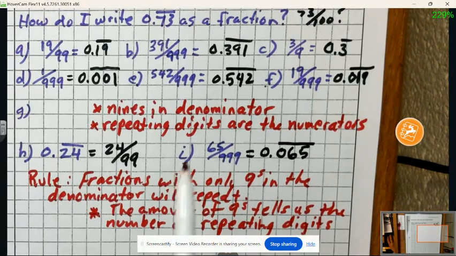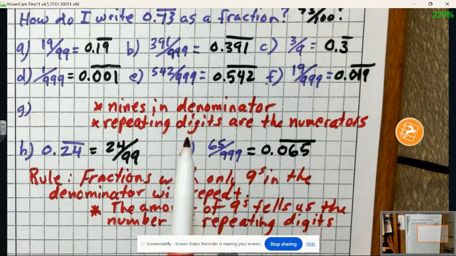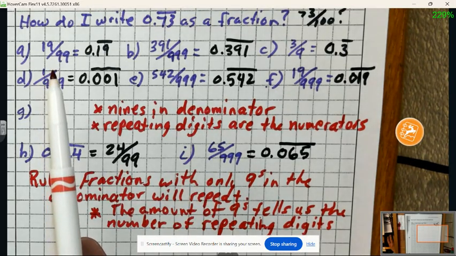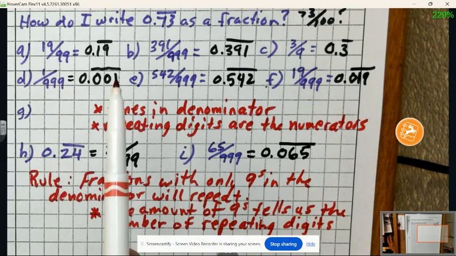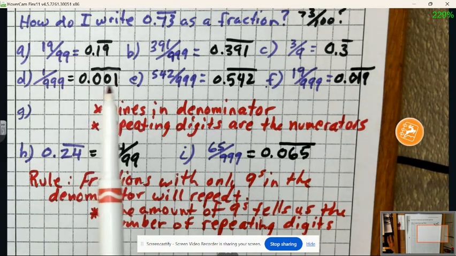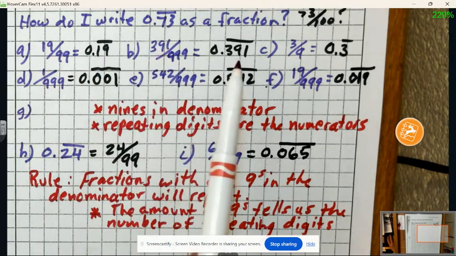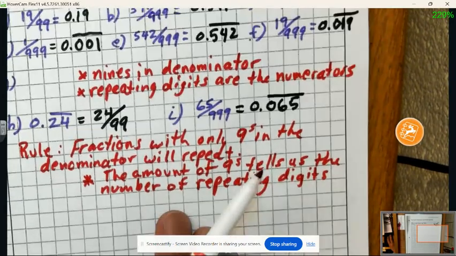Okay, and one more thing that we need to remember is the numerator. The numerator indicates the numbers that repeat. So this numerator is a 1. There's a 1 that repeats, but it's in the thousands place. 19 is in the numerator, 19 repeats. 391 is in the numerator, 391 repeats. And 542, 19, and so on.